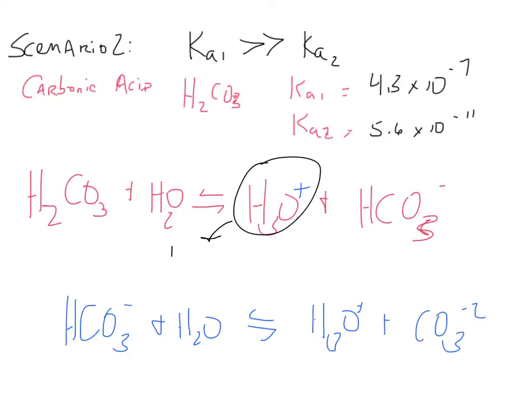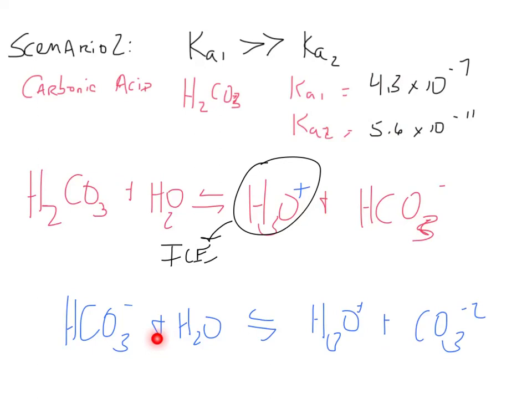I would use the ice table to solve for that first hydronium ion concentration. Normally, if these values were close to each other, we would use both of these values, plug them into the second ice table, then proceed on, calculate the hydronium concentrations and add them together.